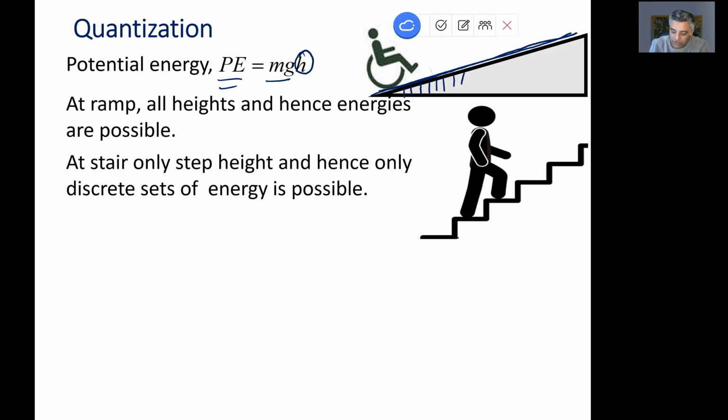You have just well-defined heights. Let's say this is h1, this is 2 times h1, and this is 3 times h1. You cannot stand at 2.5 times h1, okay? So there is no continuous value. There are only discrete values available. That's what quantization means, okay?